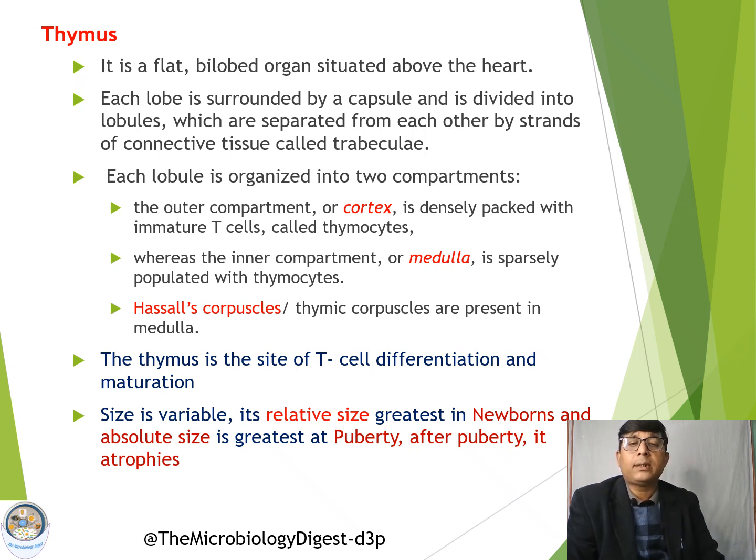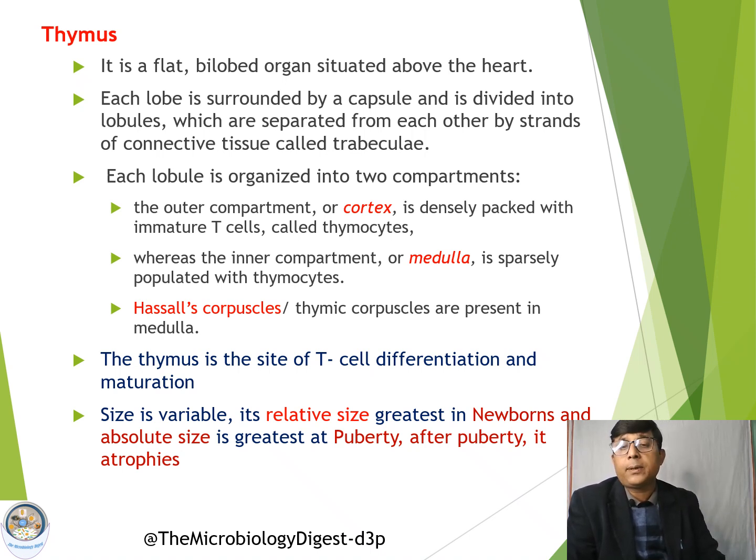The principal function of the thymus is as the site of T cell differentiation and maturation. As I said, there are two subpopulations of lymphocytes, T lymphocytes and B lymphocytes. B lymphocytes get matured in the bone marrow, and the thymus is the site for differentiation as well as maturation of the T lymphocytes.